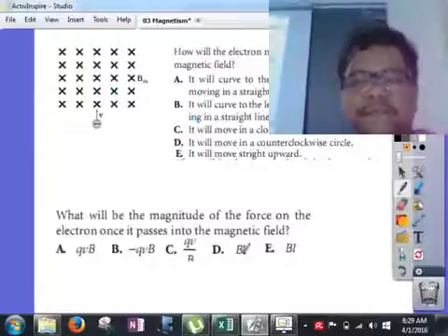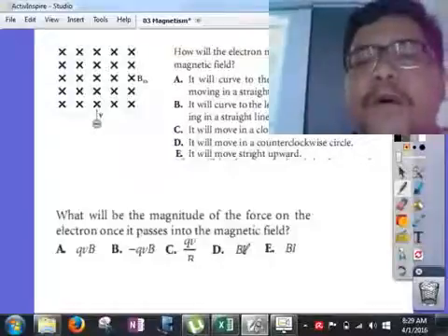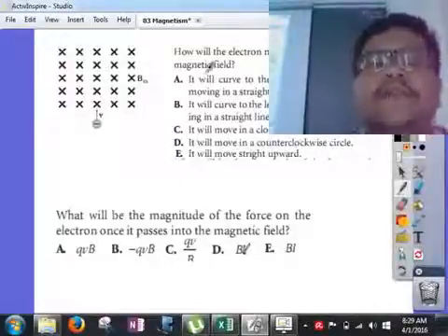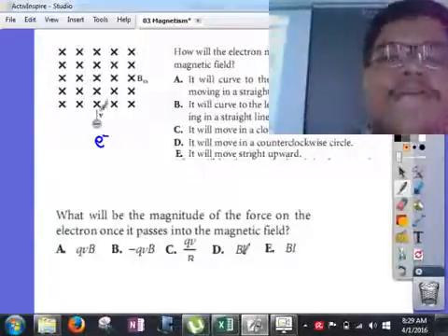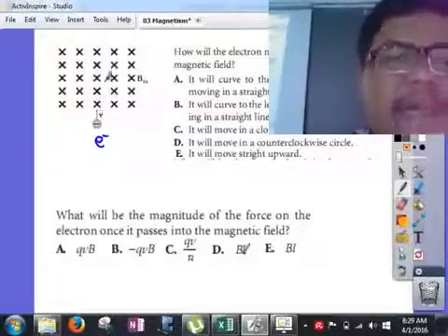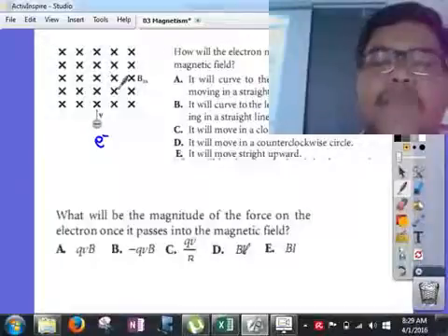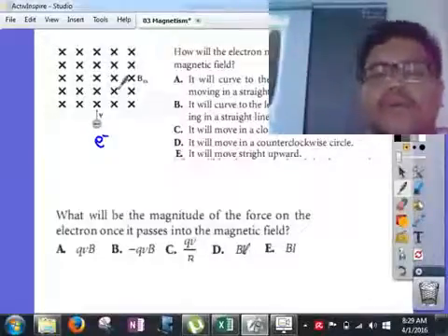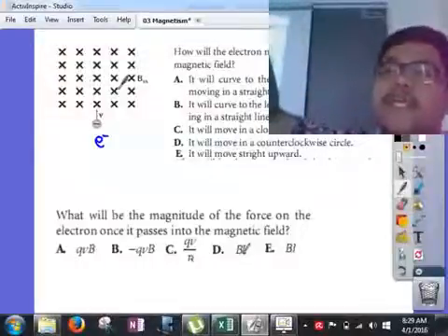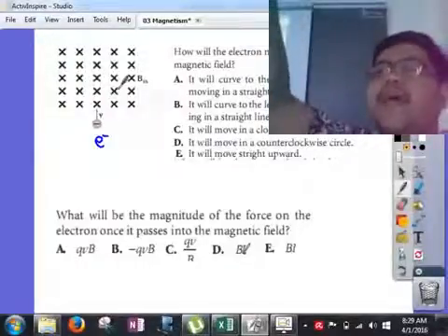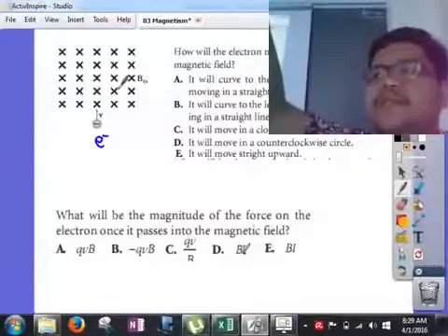Next is the question. How will the electron move once it passes into the magnetic field? So this is an electron. Do not forget this electron. And then it moves inside the magnetic field. What will it be directed? So let's use the right hand rule. V, B, F. So where will it be directed?